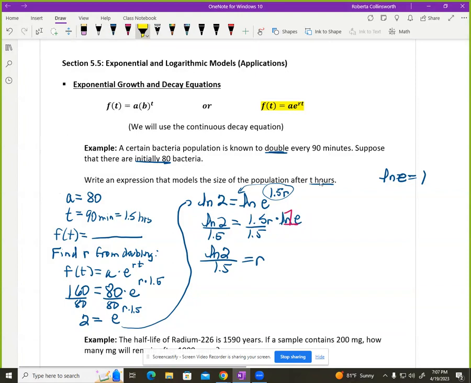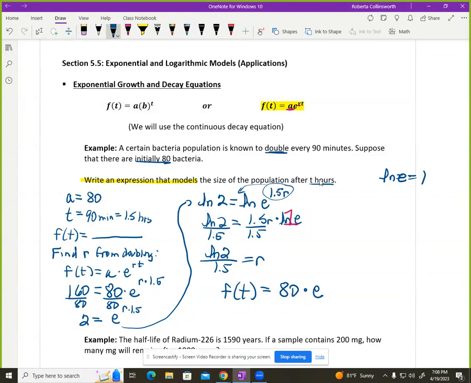So we have to remember what we're doing. It says write an expression that models the size of the population after T hours. So I'm going to use this formula, and I'm only going to plug in my A and my R, not my T. We're writing a formula so we can plug in any kind of time and see what the bacterial growth is. So f of t equals A, which is 80, times e raised to the R. Where's R?